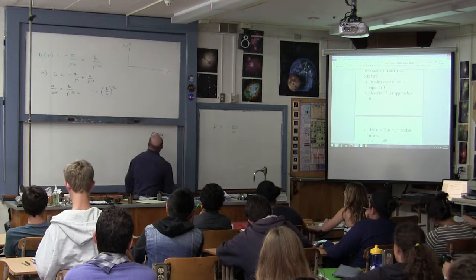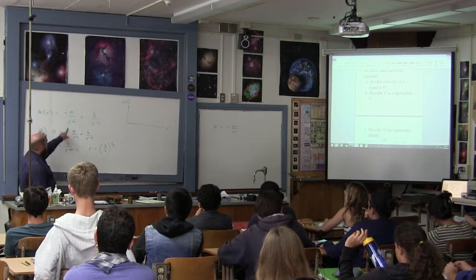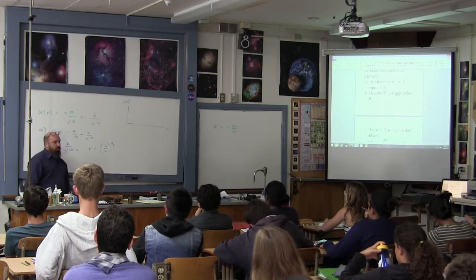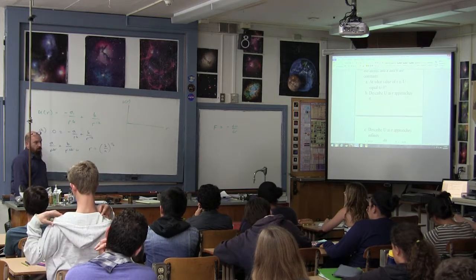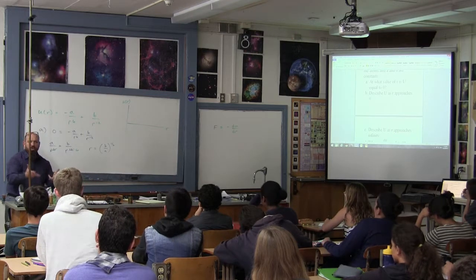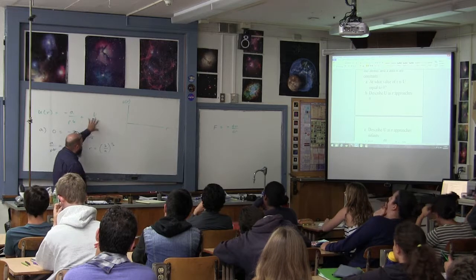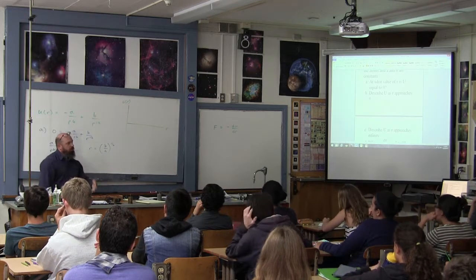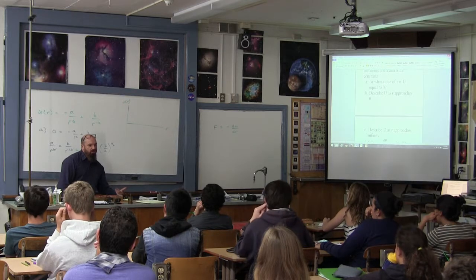Well, just take a look at the function itself up here on the top board of the screen. Imagine making R smaller and smaller and smaller. What happens to the potential energy U? It gets bigger and bigger and bigger. Now, which term? The positive term gets bigger faster as R gets smaller and smaller.